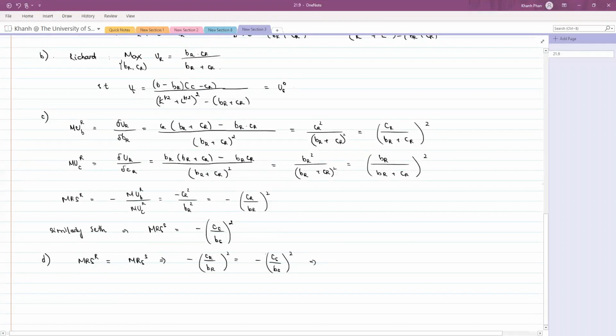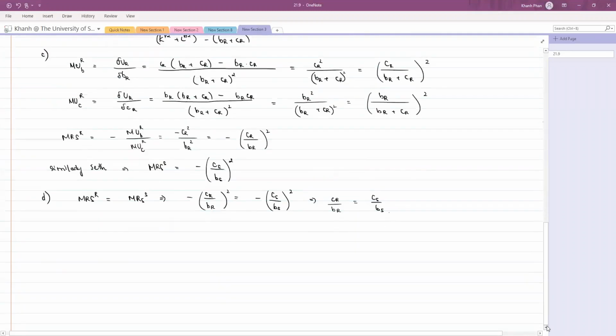And so the two negative signs cancel out, the squares disappear. So what I'm left with is CR on BR equal to CS on BS. So I got the first half of the condition that the question is asking you to show.